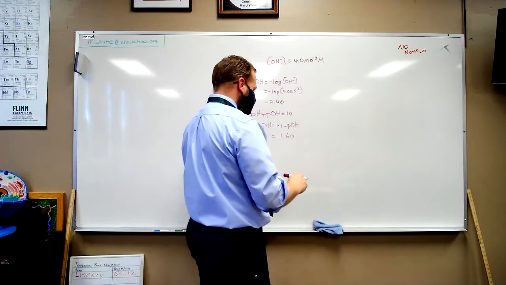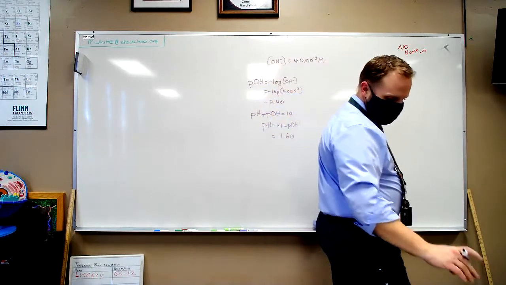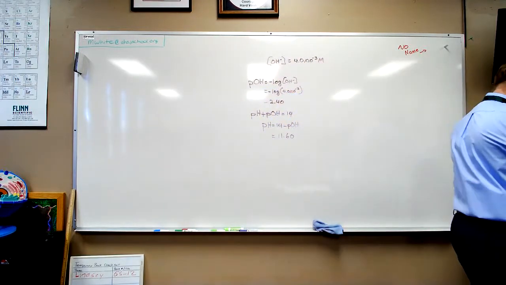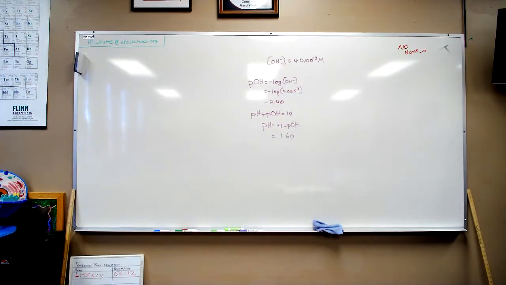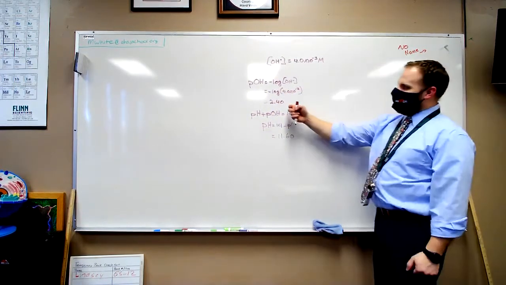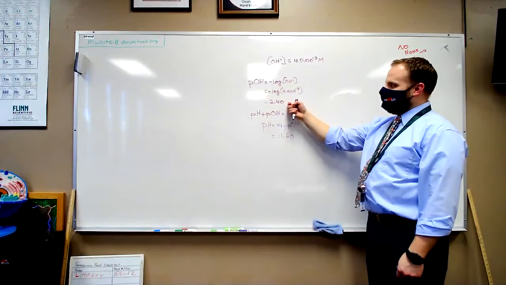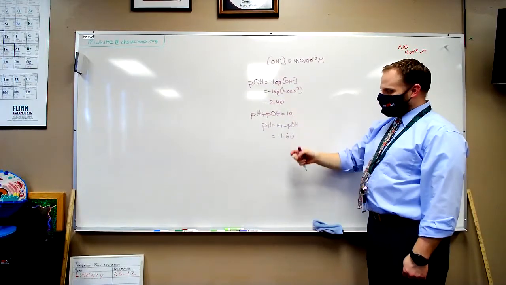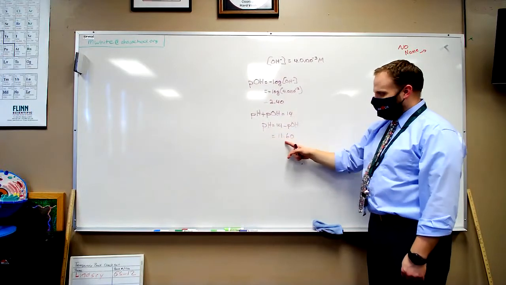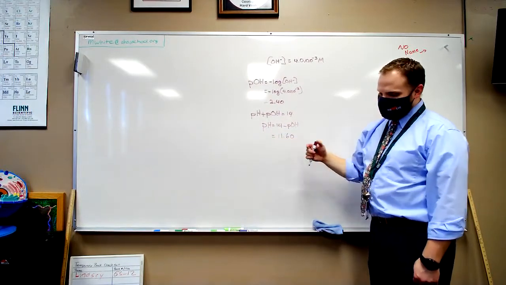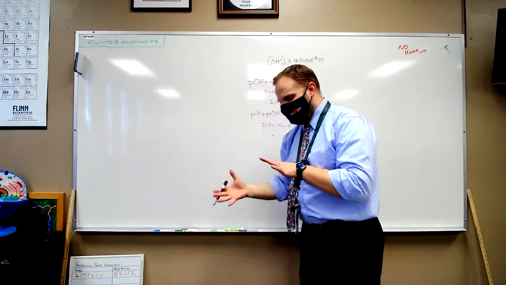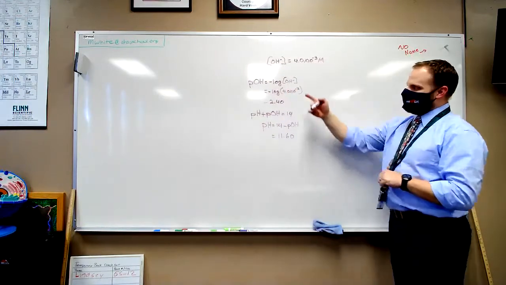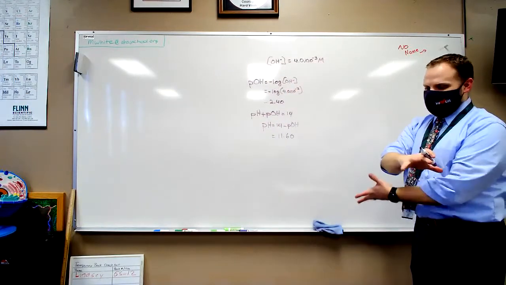Okay. So now we can look at this and say, does it make sense? A pOH of 2.4 is basic, especially because we can say the corresponding pH is 11.6. Basically, anytime you're dealing with the pOH, everything flip-flops.